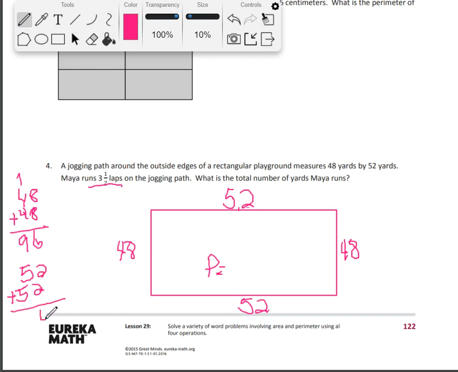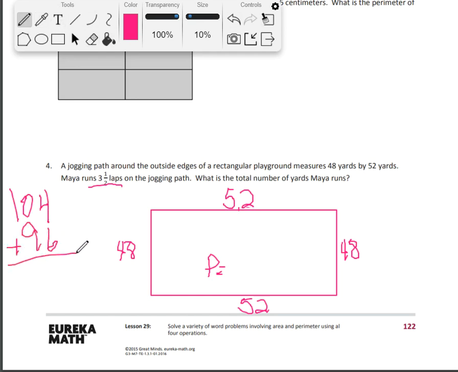All right, 2 and 2 is 4. 5 and 5 is 10. So we're looking at 104 and we're going to combine it with 96. Why are we doing that? Because we want our perimeter. So 104 plus 96. 6 and 4 is 10.